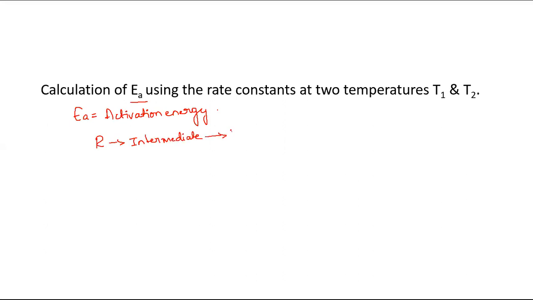Then after the intermediate we'll get a product. Once we get an intermediate, which is highly unstable, it is going to form a product within a fraction of a second. So once we get this intermediate, the energy required must be less.